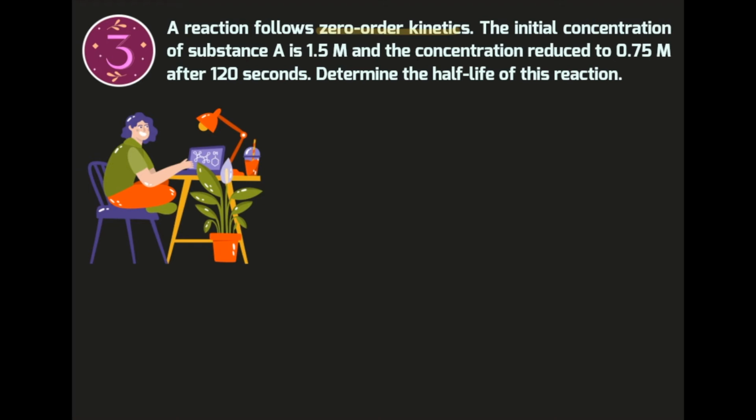So what is the formula for the zero order kinetics? Zero order kinetics is almost the same as the first order kinetics, only that they do not have the ln. So [A]t is equivalent to negative kt plus [A]0. Right, so given to you is the initial concentration, the final concentration, and also the time.